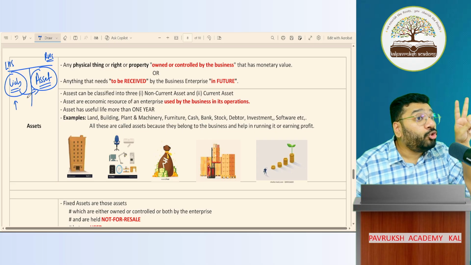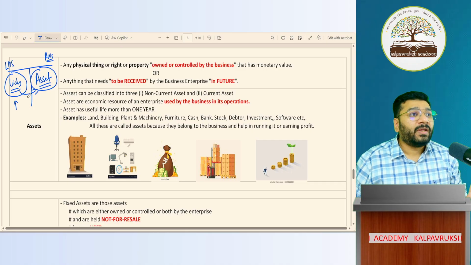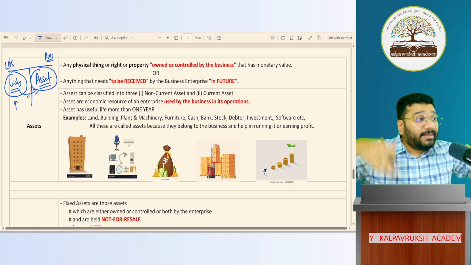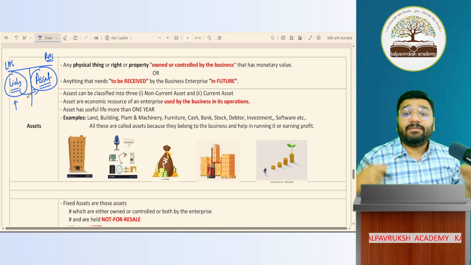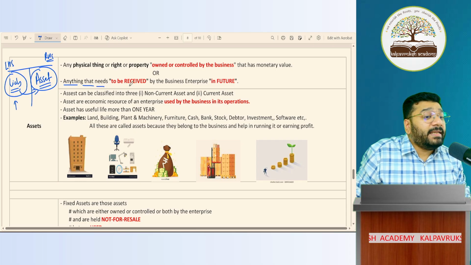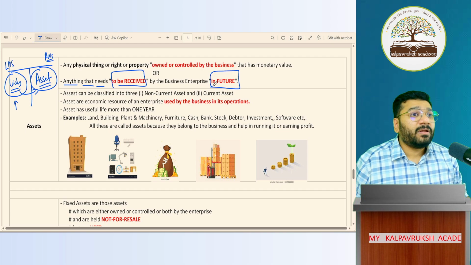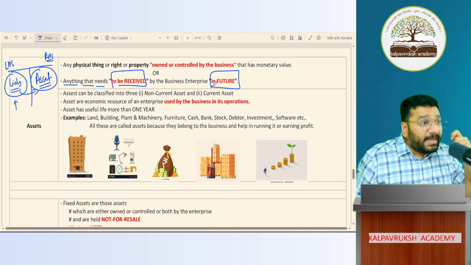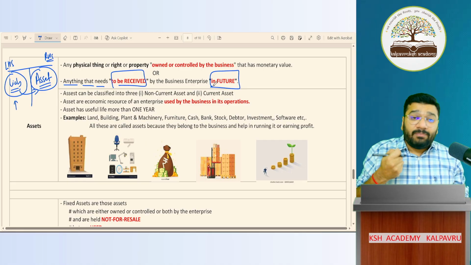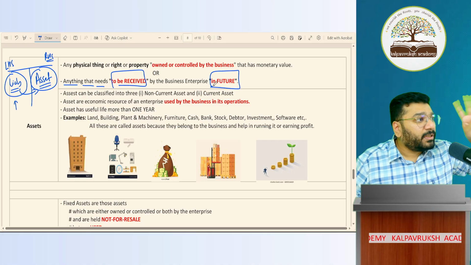One, what we just saw: anything that we have to recover from somebody in future, anything that the business entity needs to receive in future, is called an asset. What is liability? Anything that I have to pay in future. What is asset? Anything that I have to receive in future. Clear opposites of each other.